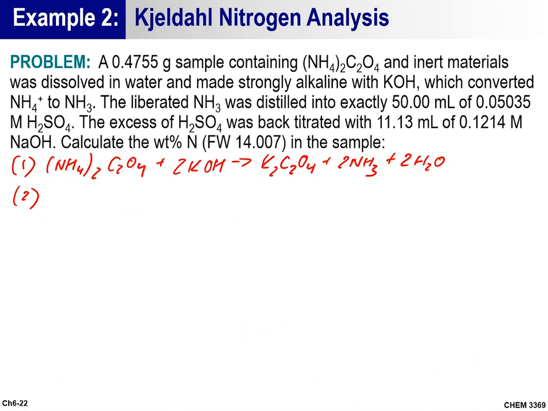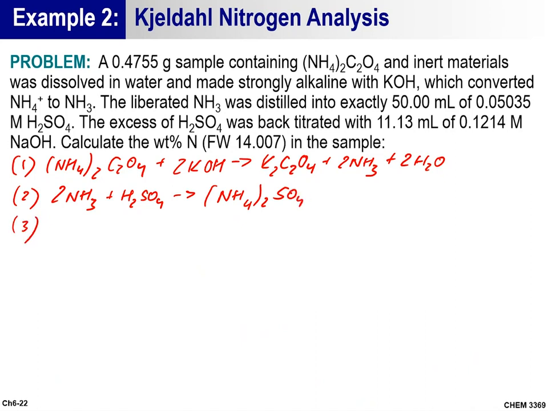And the second reaction is where we add the excess of sulfuric acid, H2SO4, to make the product, which is ammonium sulfate, okay?